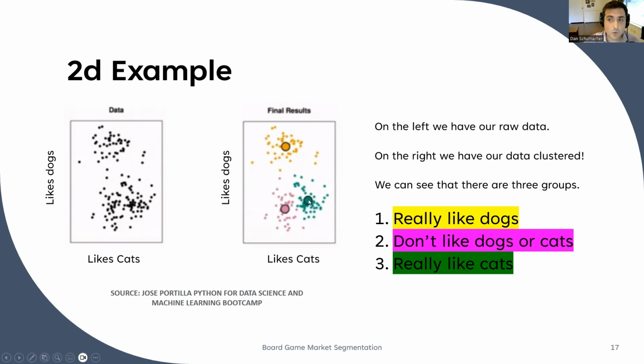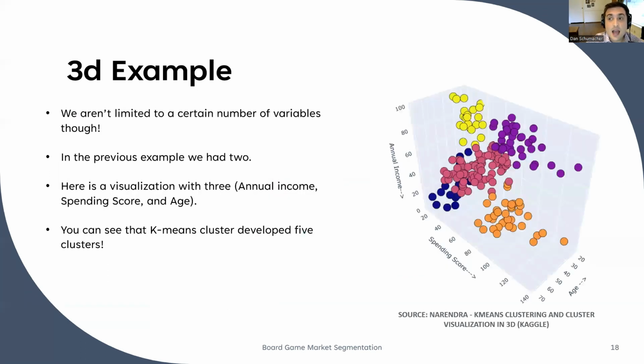The way that k-means works is that it's trying to maximize the distance between the centroids, which are those circles in the middle of each colored group, while minimizing the amount of distance of each color to its centroid. However, k-means is not limited to just 2D space.